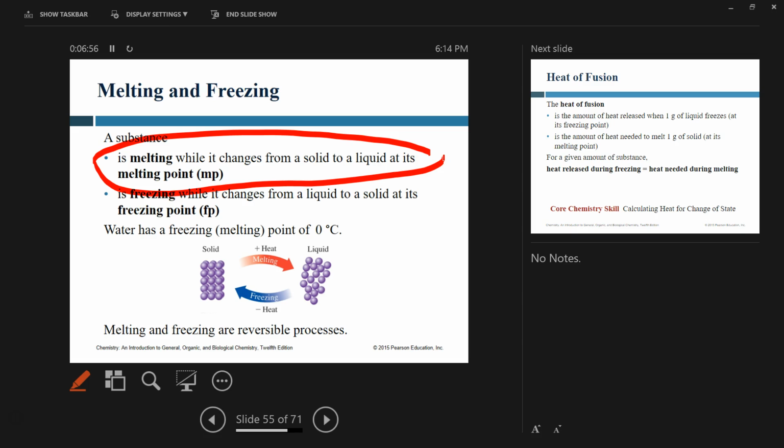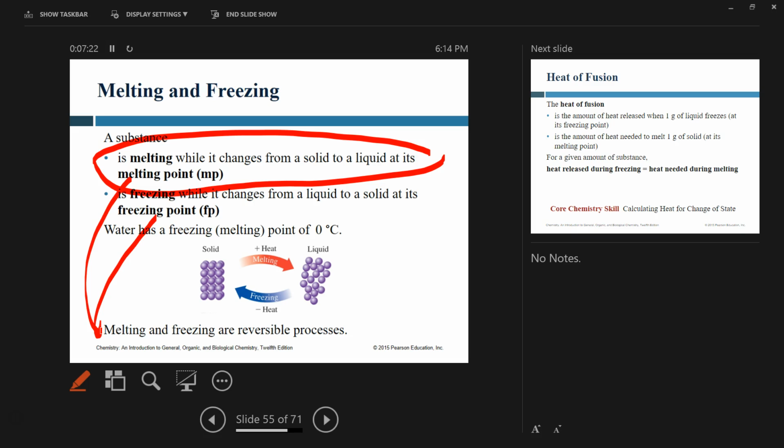The temperature point at which melting, or freezing for that matter, occurs, we call a melting or a freezing point. For instance, for water, this point is 0 degrees Celsius. So at 0 degrees Celsius, what's going to happen to the liquid water if you keep cooling it down?